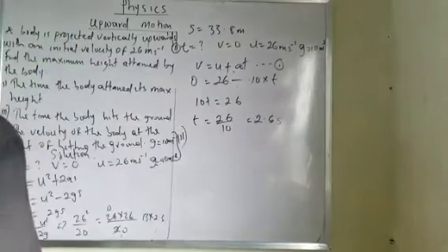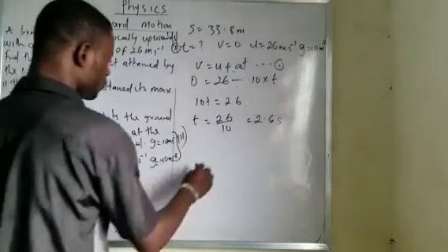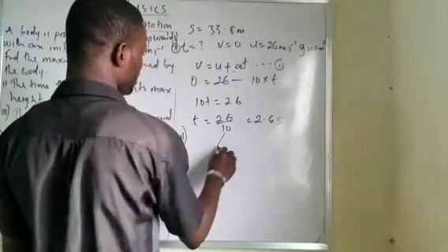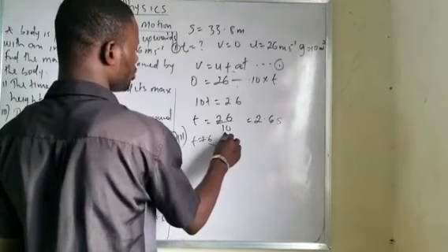The next one, number 3, I'm looking for the time the body hits the ground. When it's moving, it takes 2.6 seconds to reach the maximum point.